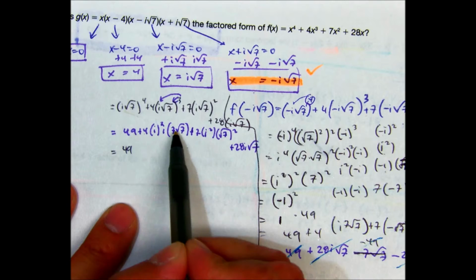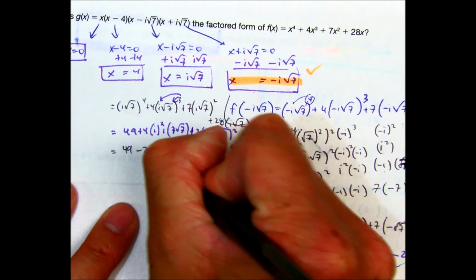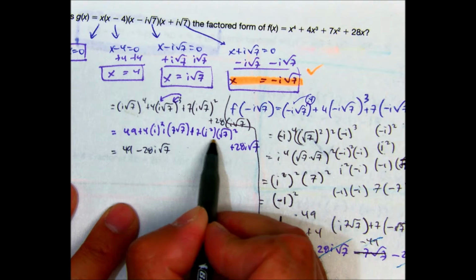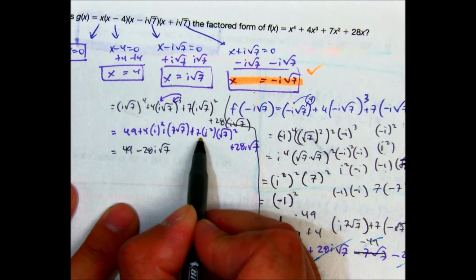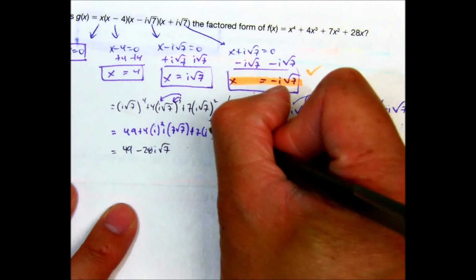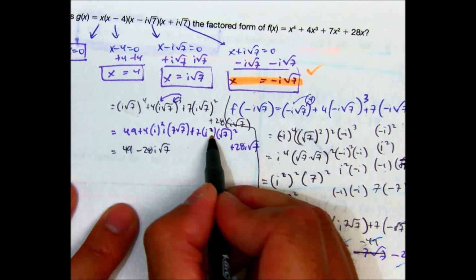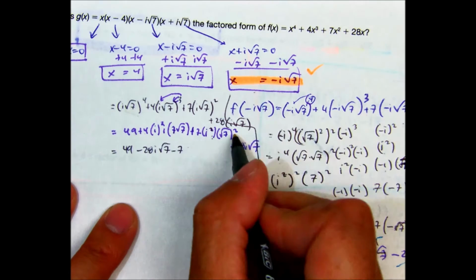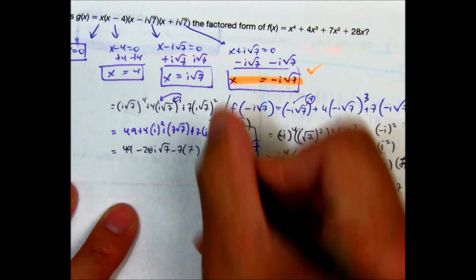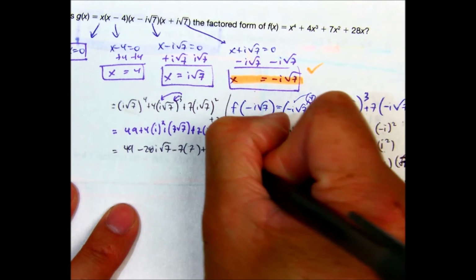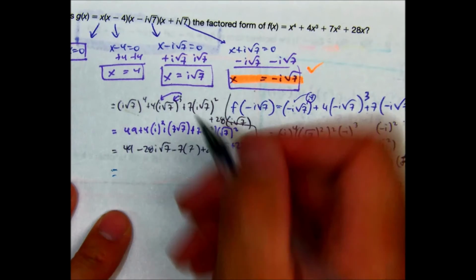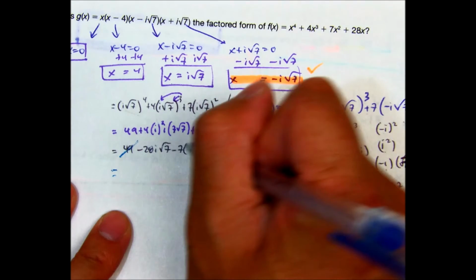Negative 4 times 7 is negative 28 i radical 7. This is a squared. So i squared equals negative 1, so negative 1 times 7 is negative 7. And that's square root of 49, which is 7. And that's just 28 i radical 7.